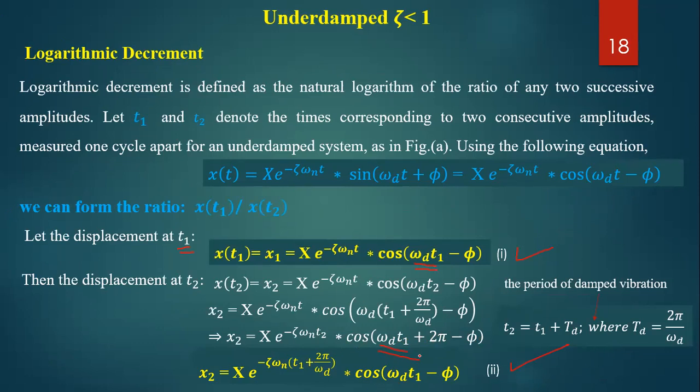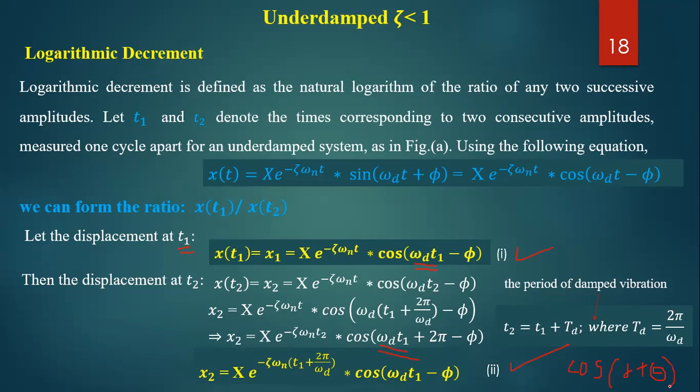When we multiply this, the 2 pi will immediately be taken out of this expression. That is a trigonometric relation: for example, cos of alpha plus or minus theta equals cos alpha cos theta minus or plus sin alpha sin theta.